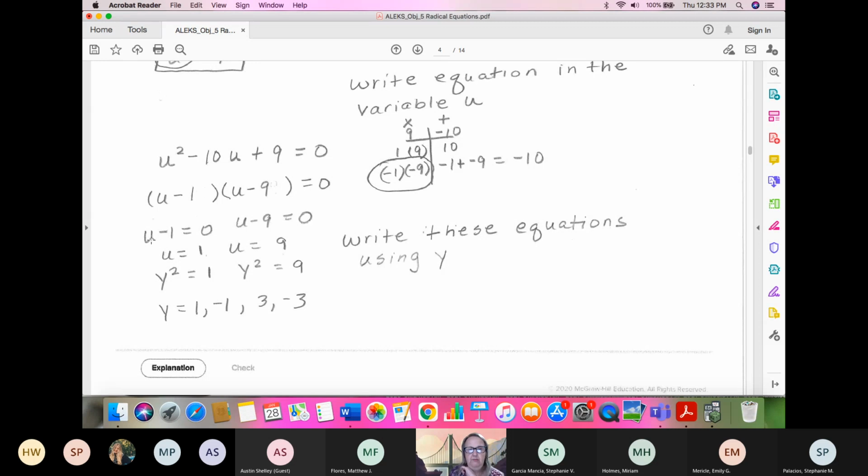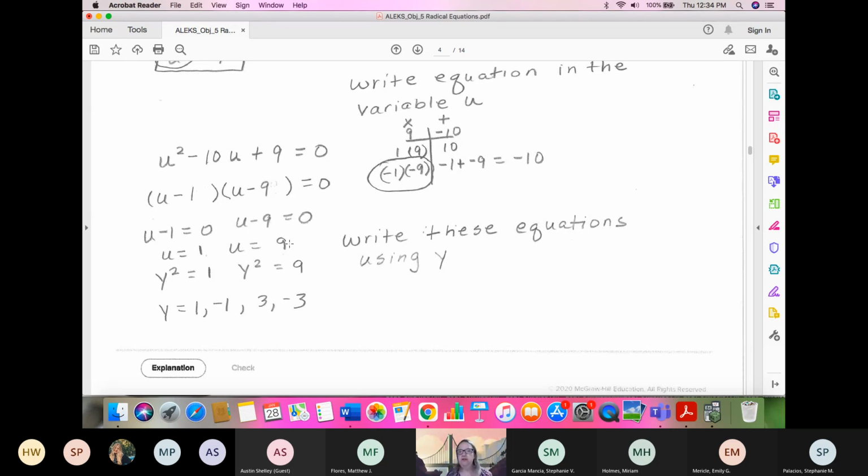To solve for u, we're going to add 1 to both sides. And then that'll make this negative 1 go to the other side as positive 1. Here, we're going to add 9 to both sides. That'll just give us u on this side equals. This negative 9 is going over here as positive 9.